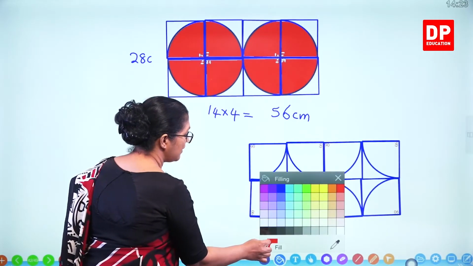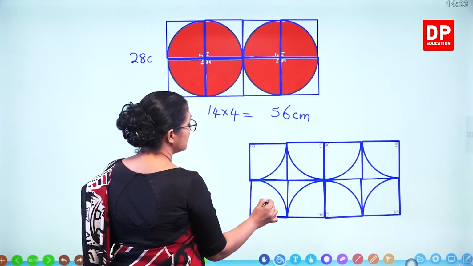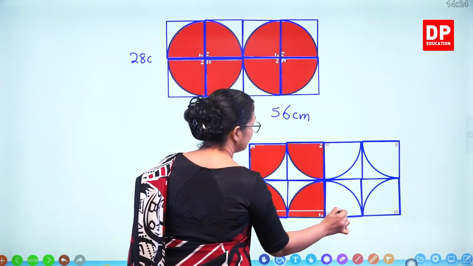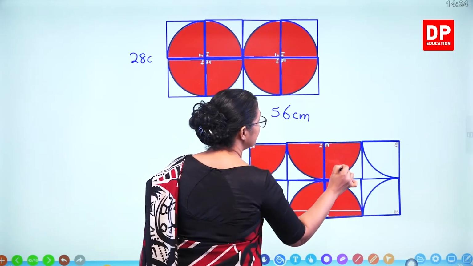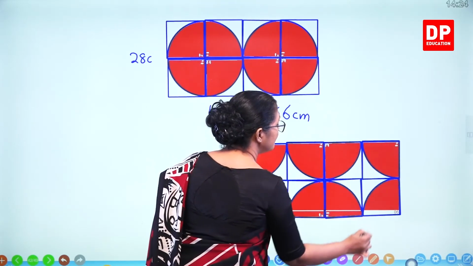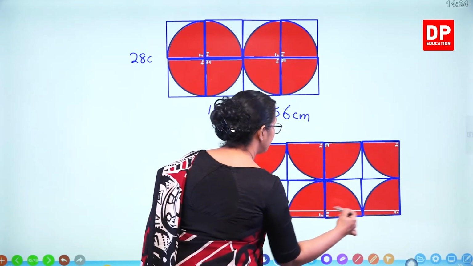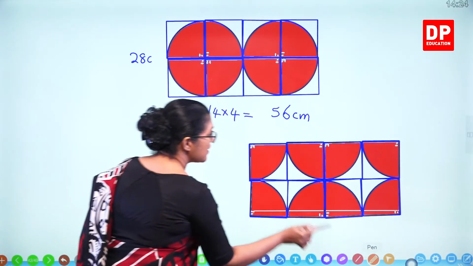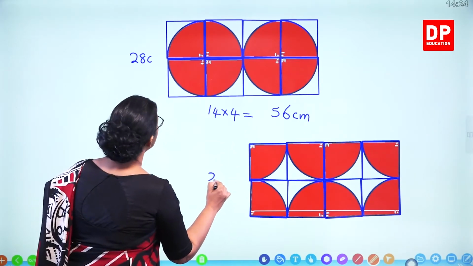Now we can color. So these are the red ones. So something like that. So here also you get same width.